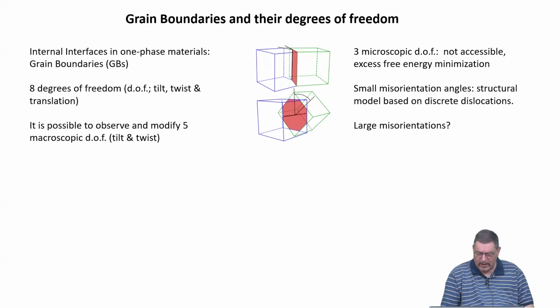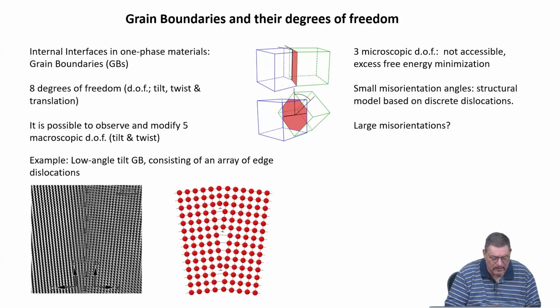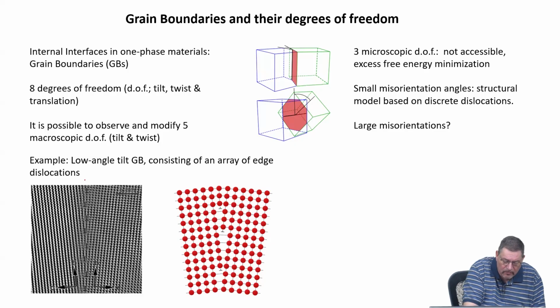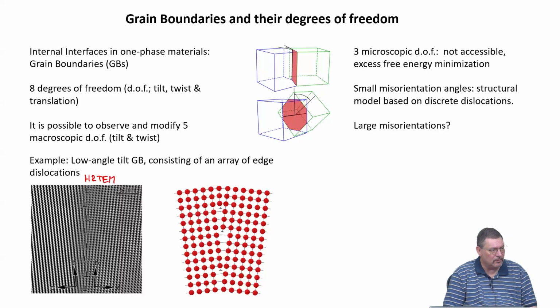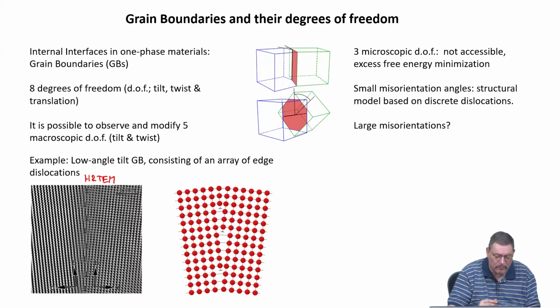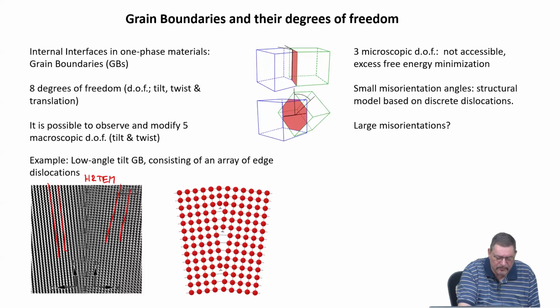Now, when you think of a grain boundary, maybe you have this picture in mind. You see here very nicely a TEM, or more correctly, a high resolution TEM of a low angle or small angle grain boundary. Two crystals come together and you can nicely see a misorientation of the lattice planes. And this gives you the misorientation angle theta.